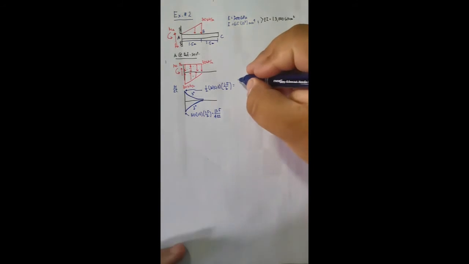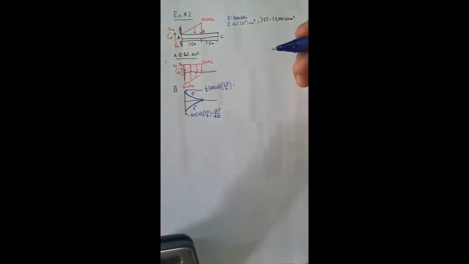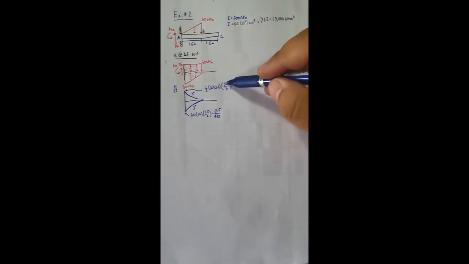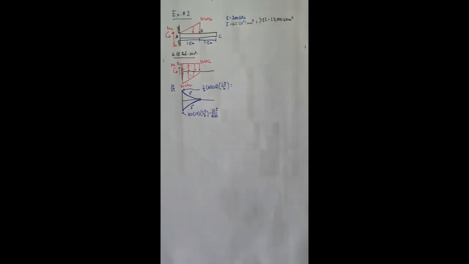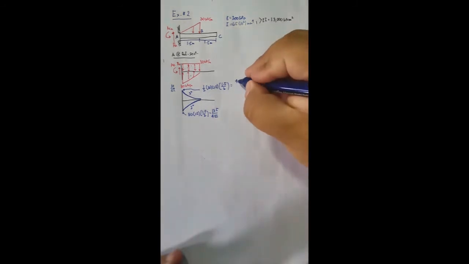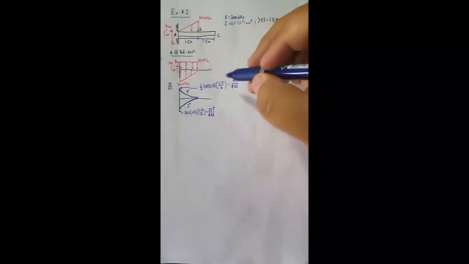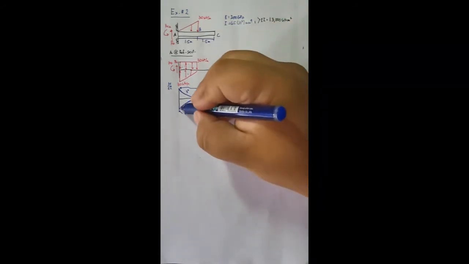That is 45 over 4 EI. Okay? So, this one is positive. This one is negative kasi nasa baba siya nung point na yan. So, yan na yung buong M over EI diagram kapag A is your reference section.